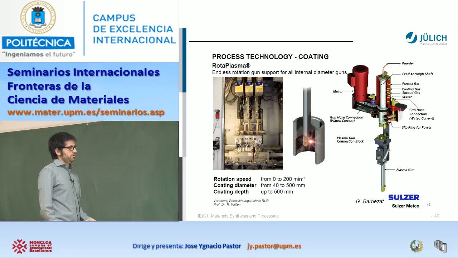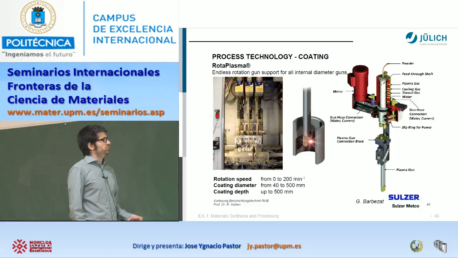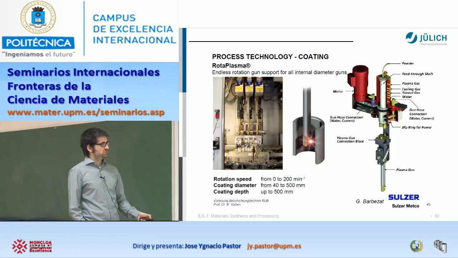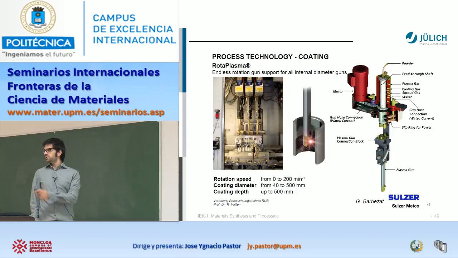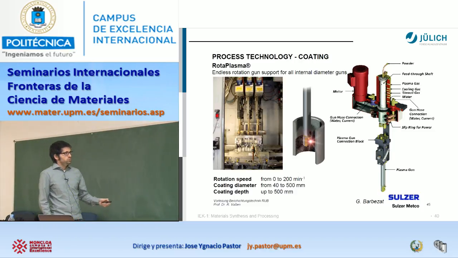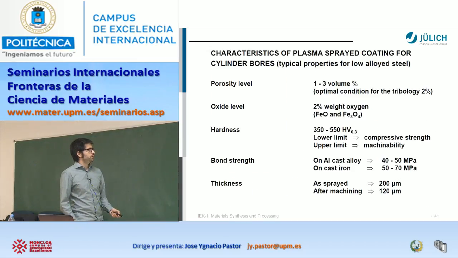Also, other processes to use with retention in the gun support and more support from this company. I think it's a Mexican company. Well, how to inject the powder, by rotation and different things, okay?